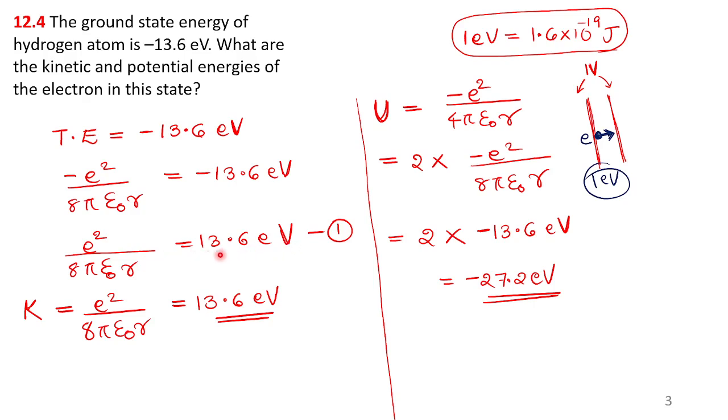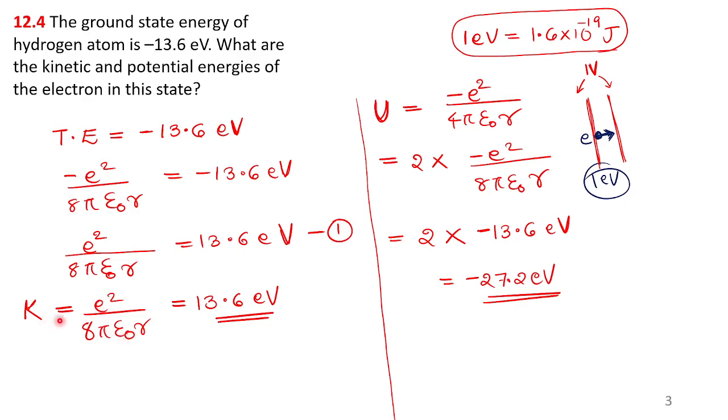Clear? Now, I want kinetic energy. The kinetic energy has the formula E square by 8 pi epsilon 0 r. We studied that. I think you have not studied yet. You better study today itself.